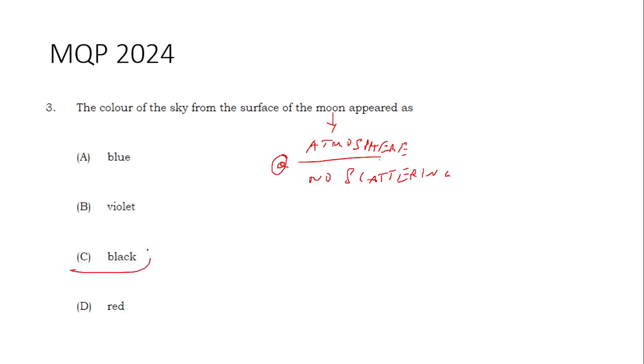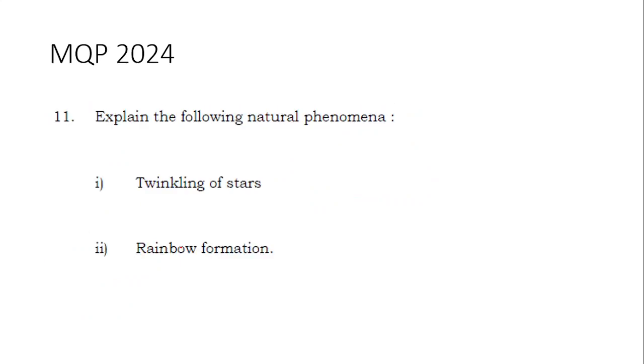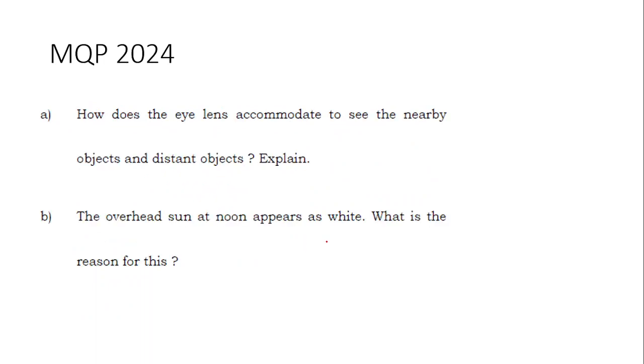That's why it looks black. Twinkling of stars we discussed already, refraction, and rainbow also, internal refraction due to droplets. Accommodation we have seen already, adjustment of the lens, power of accommodation.